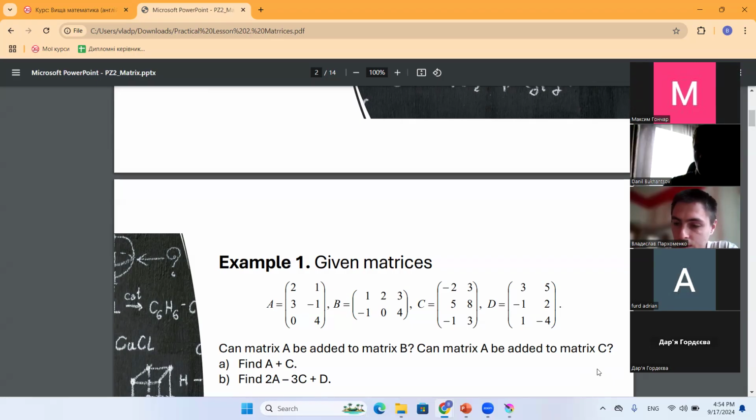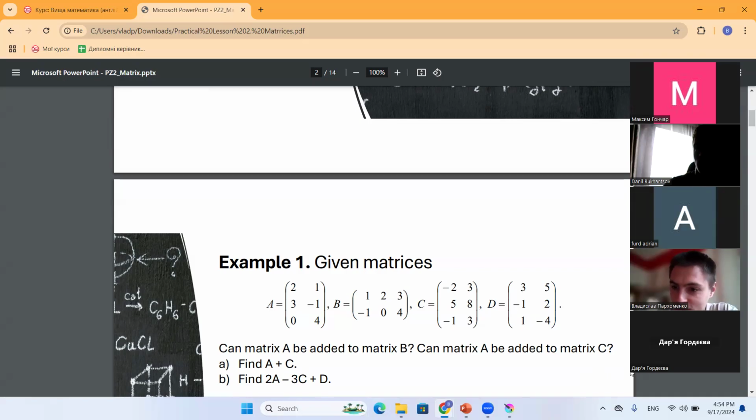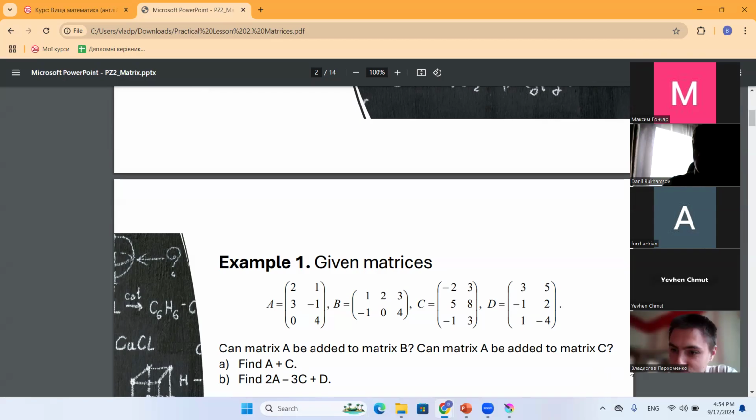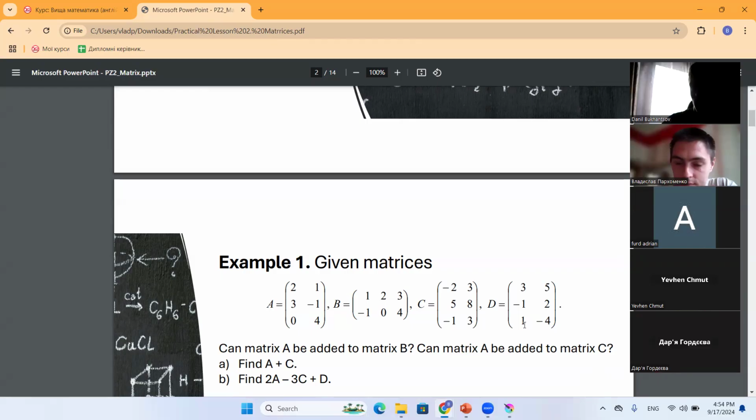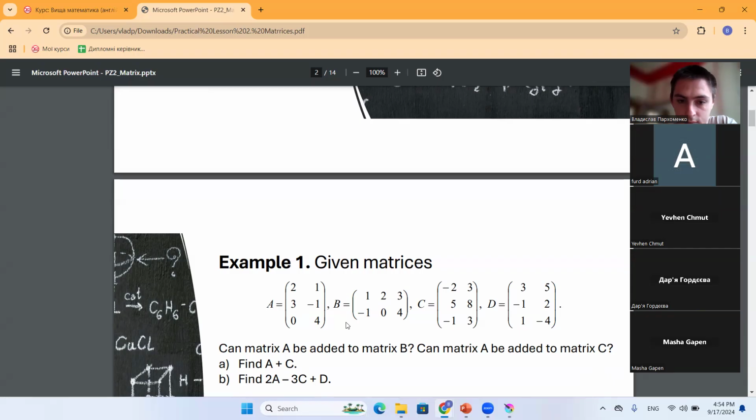Okay, I want a new person to answer, sorry. Oh, Yevhen, yeah, go on. You can add two matrices if they have the same dimensions. So which of them can be added?